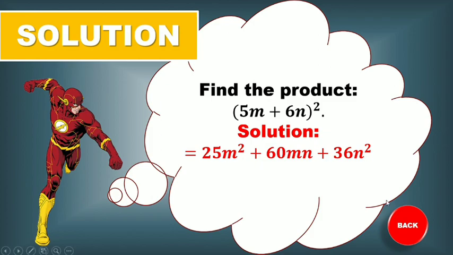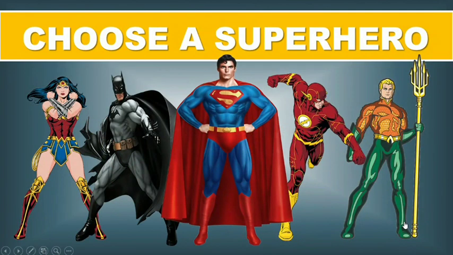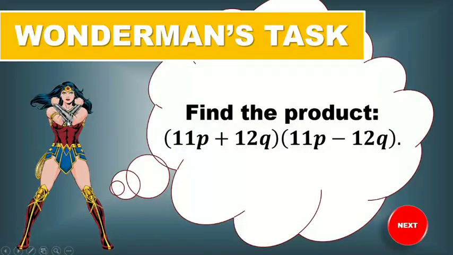This time, let's choose another superhero. What about Wonder Woman? What is her task? Wonder Woman's task is to find the product of 11p plus 12q and 11p minus 12q. This is still about special products.